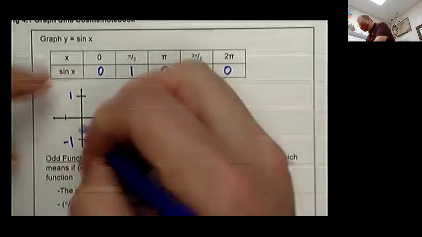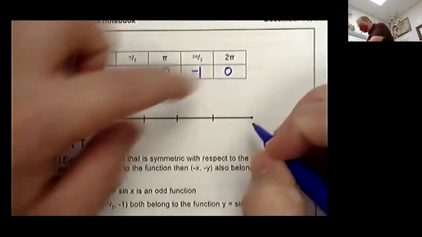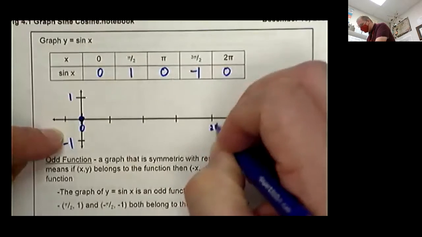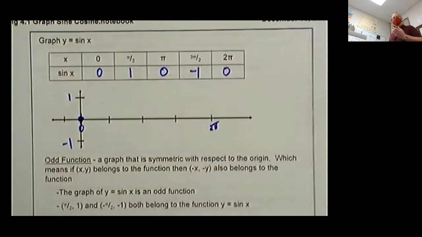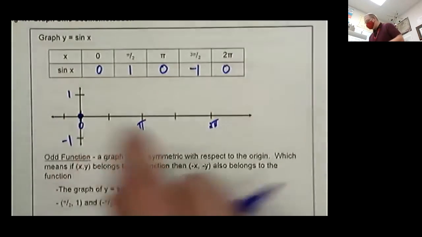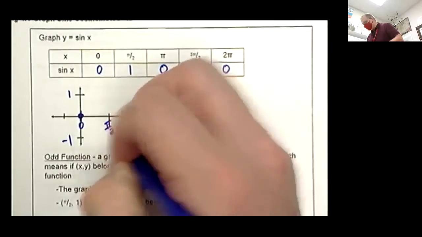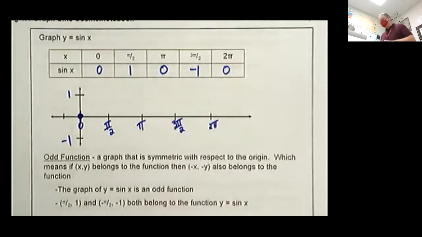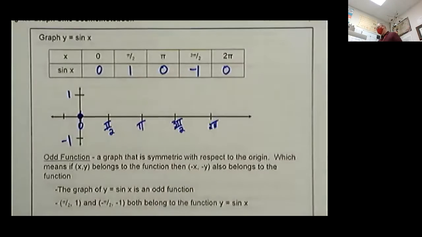So our starting value is 0. Our ending value is 2 pi. And then we want to plot the midpoint of those. Halfway between 0 and 2 pi, that's pi. Halfway between 0 and pi, that's pi halves. And halfway between pi and 2 pi is 3 pi halves. So we want to sketch the values of the graph at those points, because that's going to give us our critical values, our maxes, our mins, and our zeros.